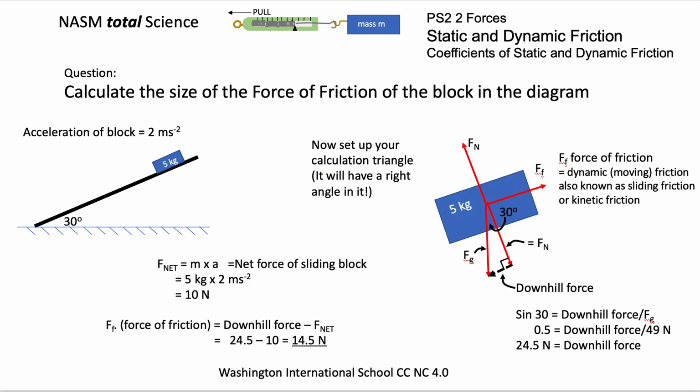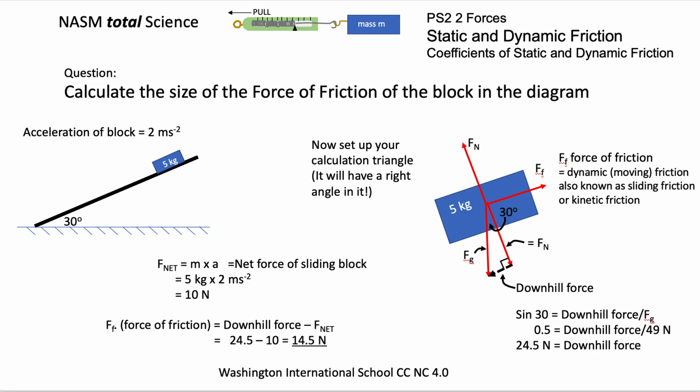And we know the angle, so the sine of 30 is the downhill force over the force of gravity acting on the block, and you can calculate the number of newtons here, 24.5 at the bottom right hand side.